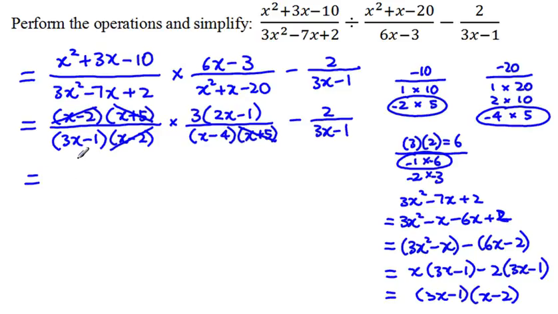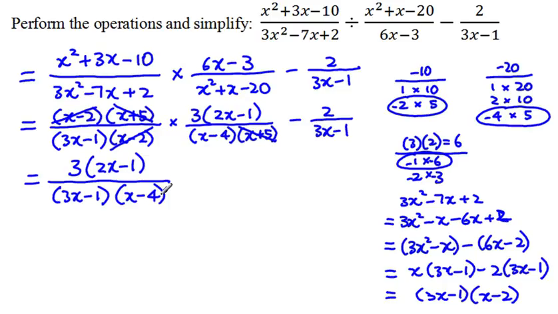We have the 3 times 2x minus 1 over the 3x minus 1 times x minus 4, and then minus the last fraction.